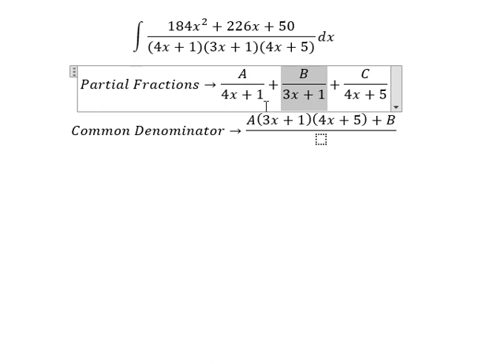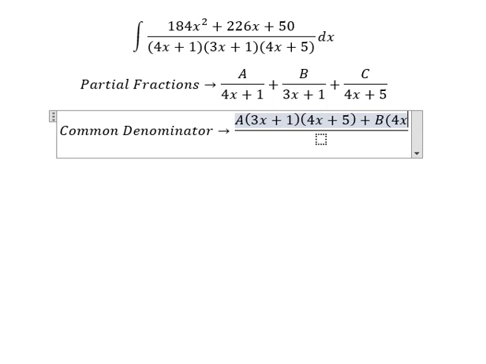This one, it is missing 4x plus 1 and 4x plus 5. So capital B multiplied by this one.